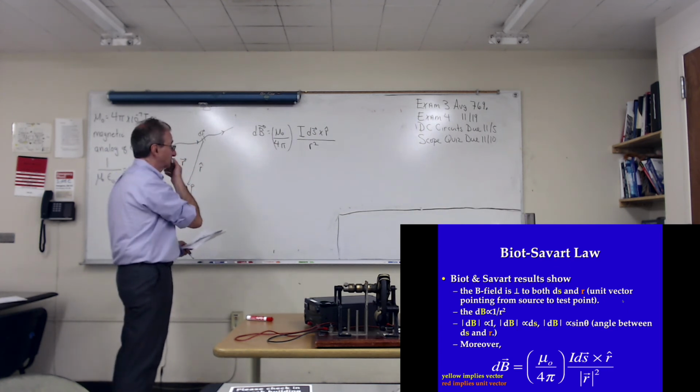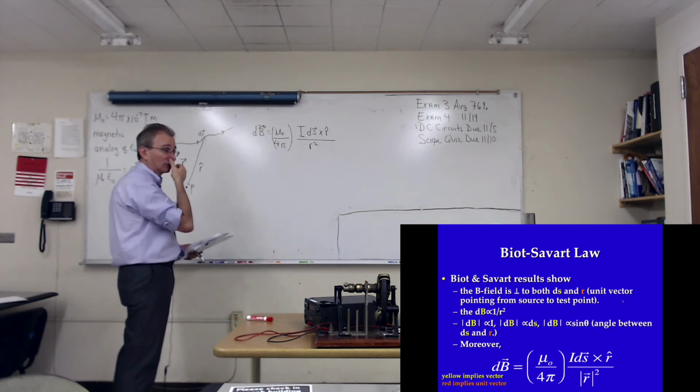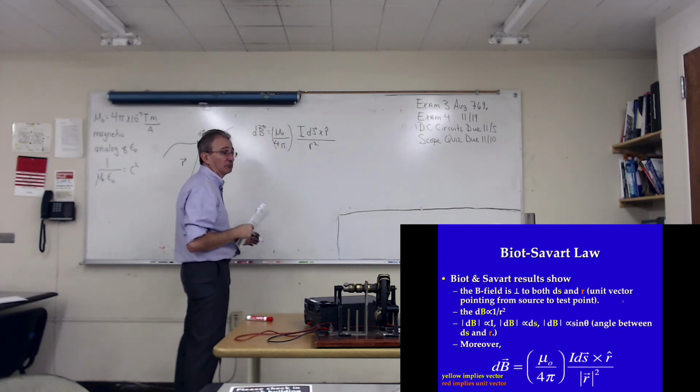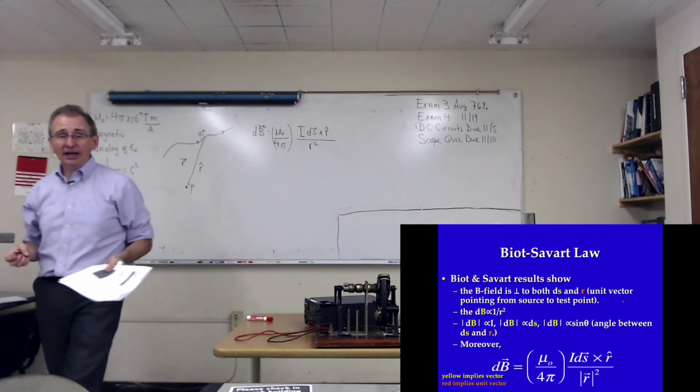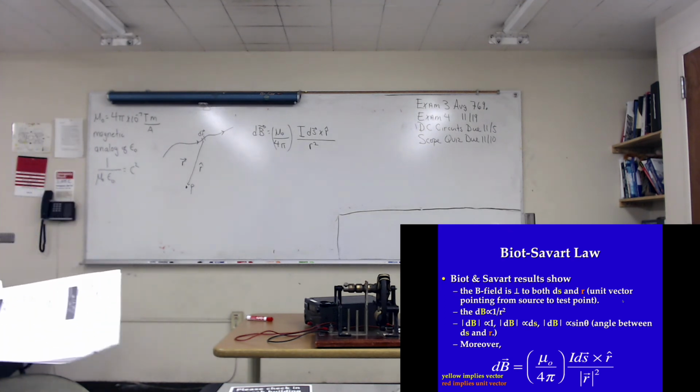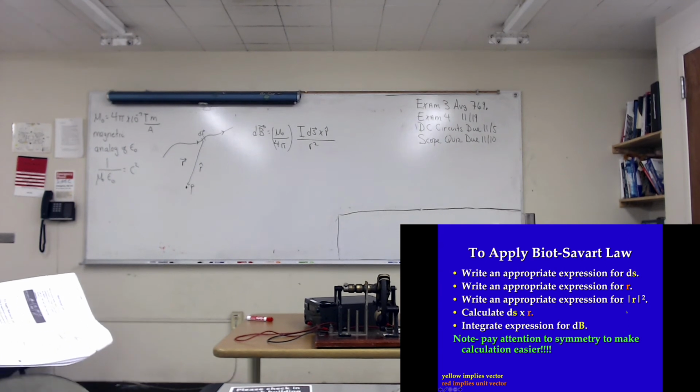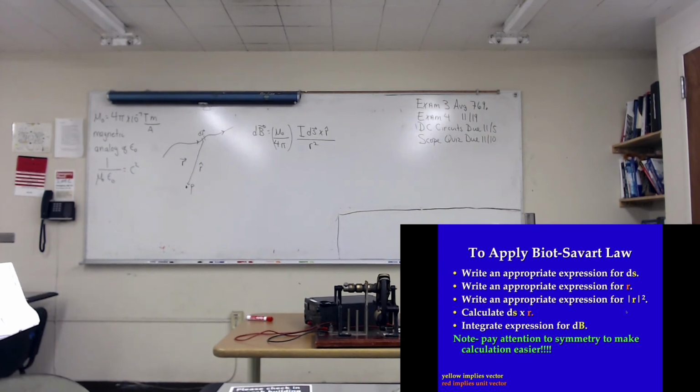Okay, so how do we use this to calculate the magnetic field due to the whole wire? Well, I have to integrate this over the entire length of the wire to calculate B. So again, like I did for electric field, I wrote down for you a process that we can use to calculate the magnetic field from the Biot-Savart law. You have to write an appropriate expression for ds.